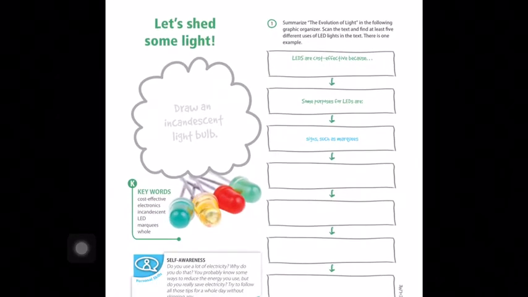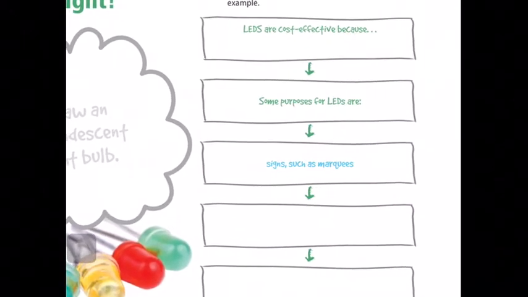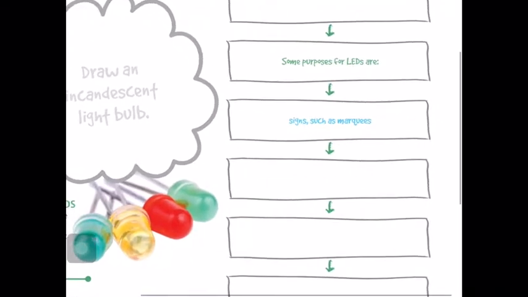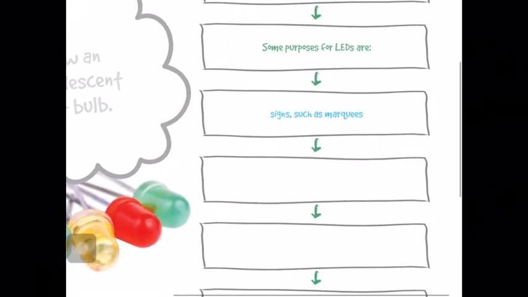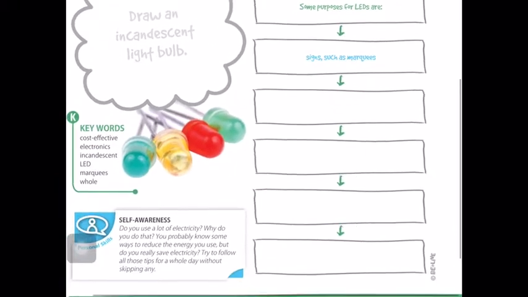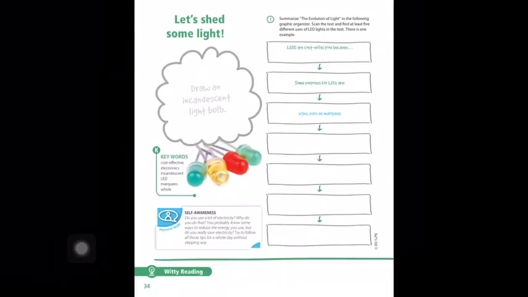LEDs are cost effective because, and then you have to write the answer. Some purposes for LEDs are, and then you continue writing. Signs such as marquees, etc., and then you have to summarize all the book of the evolution of light. Okay?